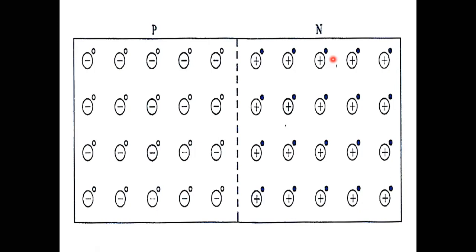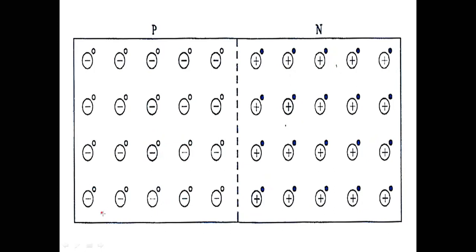But in this diagram I have to show minority charge carriers. In p type, electrons are minority charge carriers.